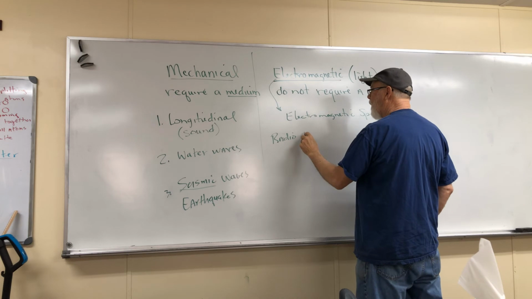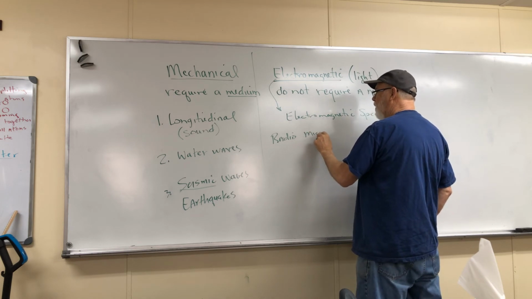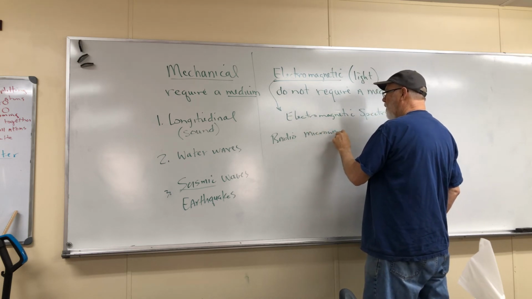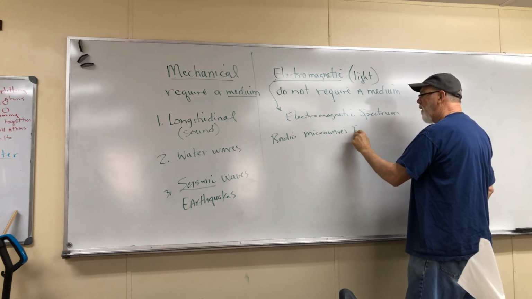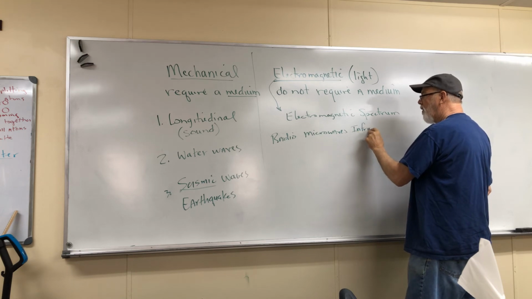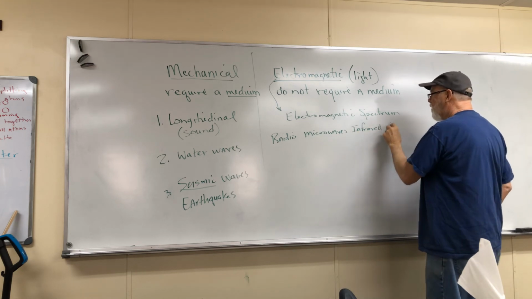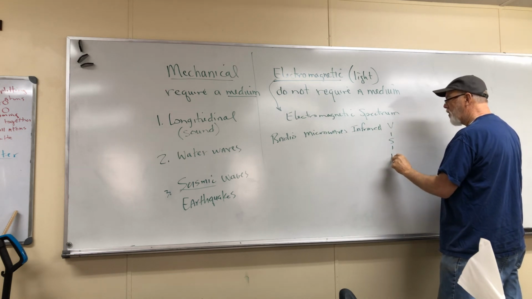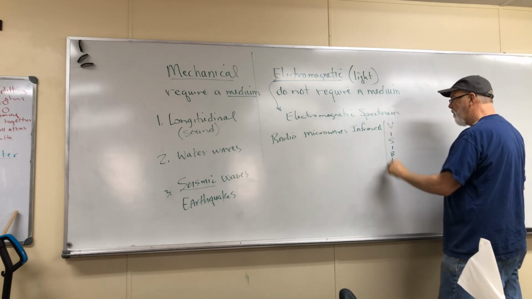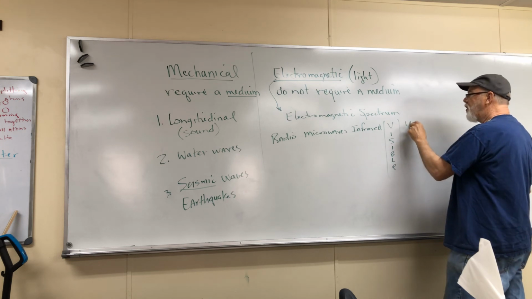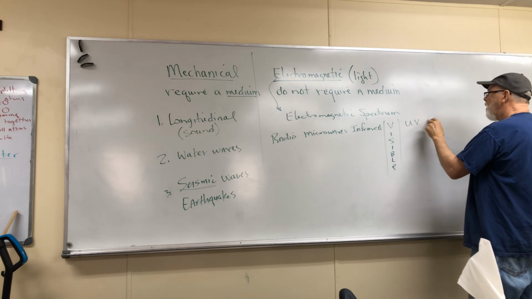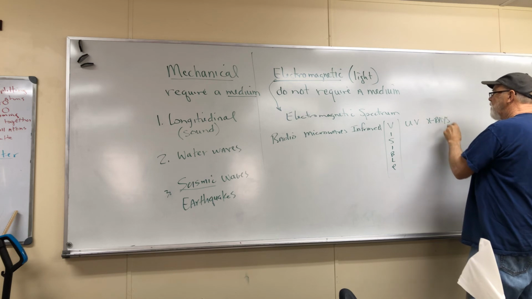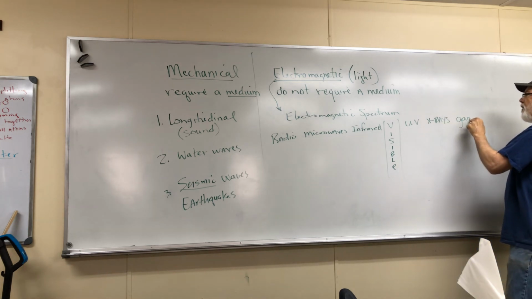And then we're going to talk about microwaves. And then there's a kind of waves that's called infrared. And then there's visible light, which is just one small section of that spectrum. It's very narrow. And then there's UV, ultraviolet. There's X-rays. And there is gamma all the way out here on the end.